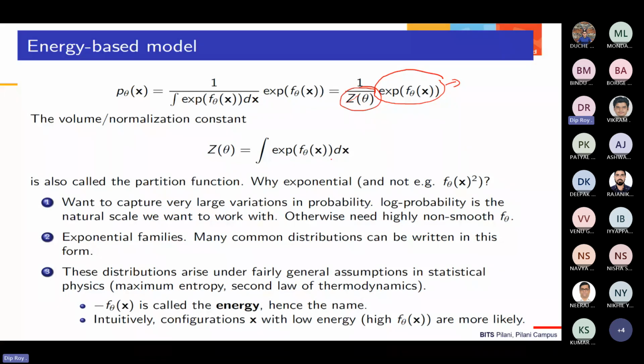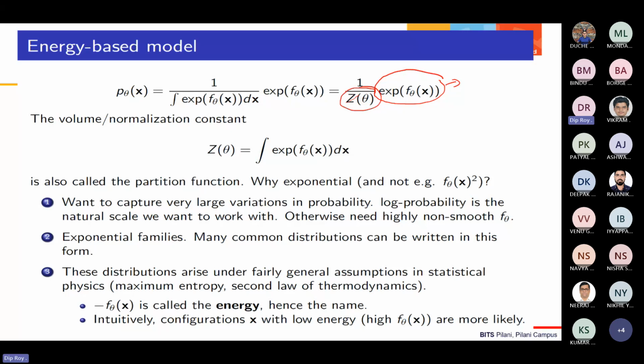Okay, the first question that we want to answer is, in a lot of literature, you will see that the numerator in a probability distribution or in this kind of situation is always an exponential. And why do we want to use an exponential? We could have used a square. We could have used a lot of other things. Why do we use exponential?